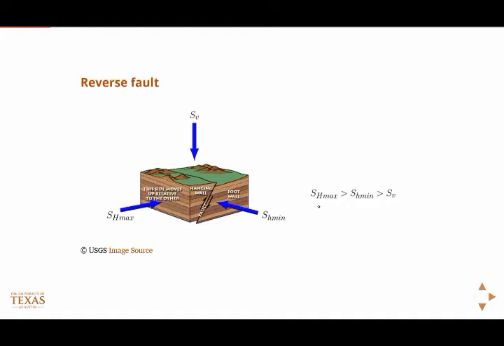And again, just like I said before, the hint to remember the reverse fault is that the hanging wall moves in the reverse of gravity. And then the other characteristic of this is that now, if we have our fault plane, it's SH max that crosses that plane obliquely.